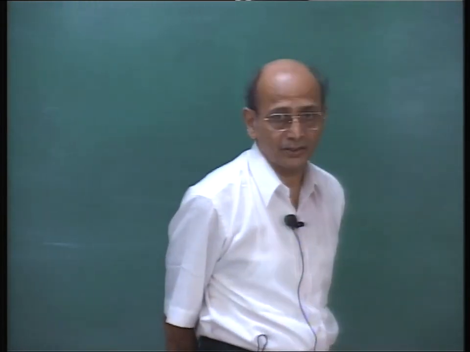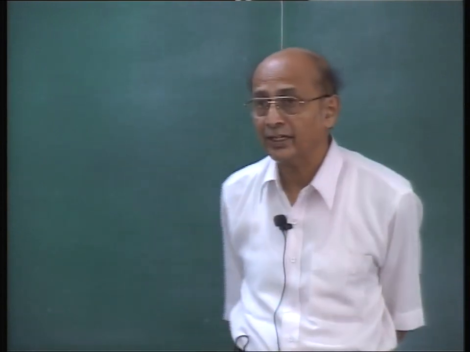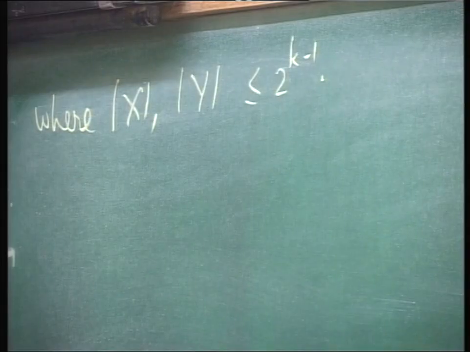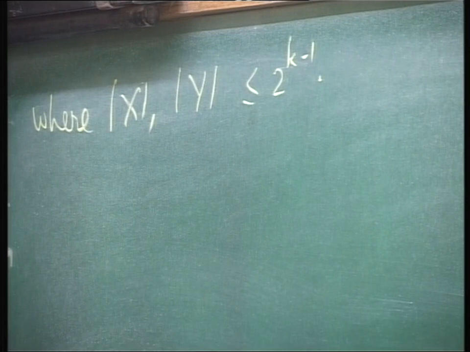That's clear because n is less than or equal to 2 power k. So I can divide the set of vertices into 2 parts, each one of which has size less than or equal to 2 power k minus 1, because the total is at most 2 power k. You can in fact equally divide if you want to.